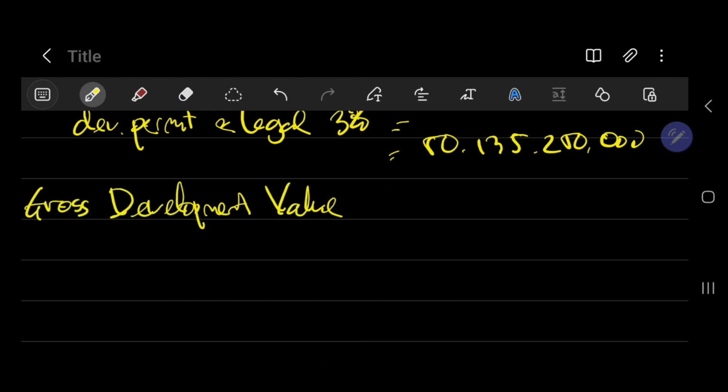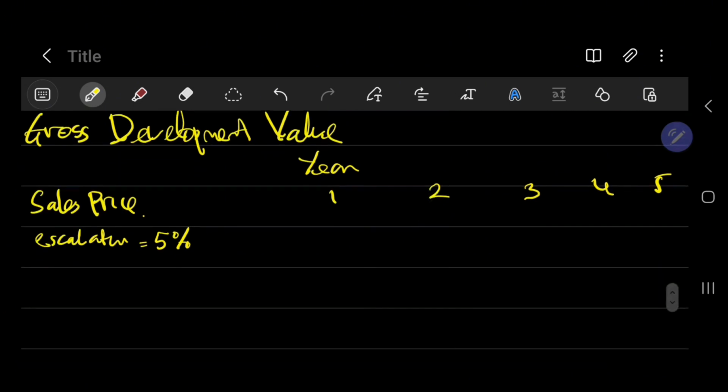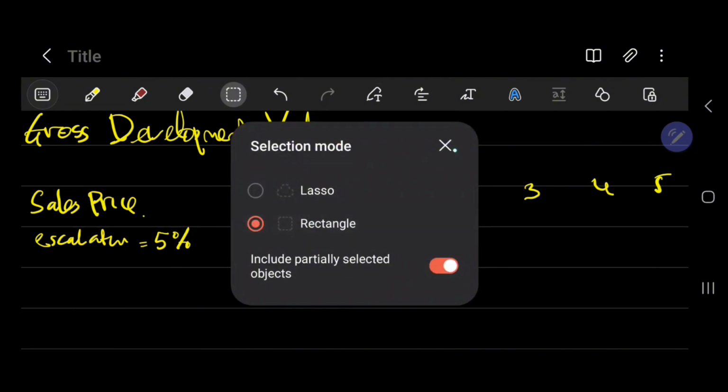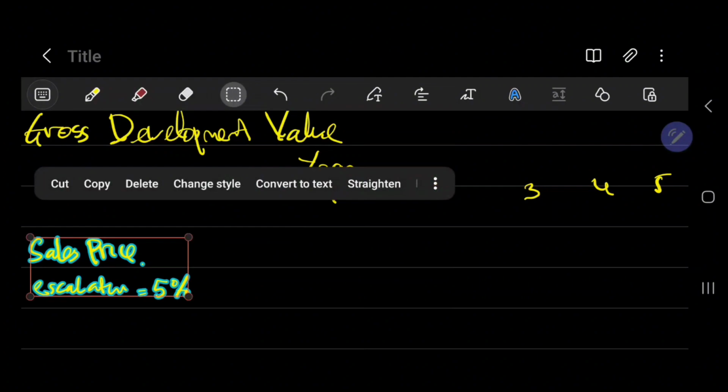So the gross development value is the total revenue that we can get from all the sales. We assume that the escalation each year for the price is 5%. Now, let's see. We use a 5-year assumption for selling.